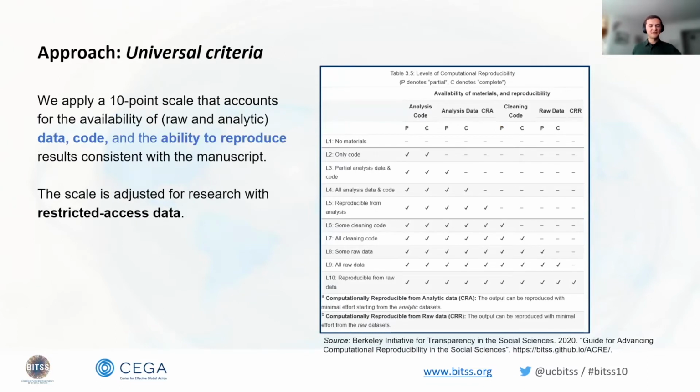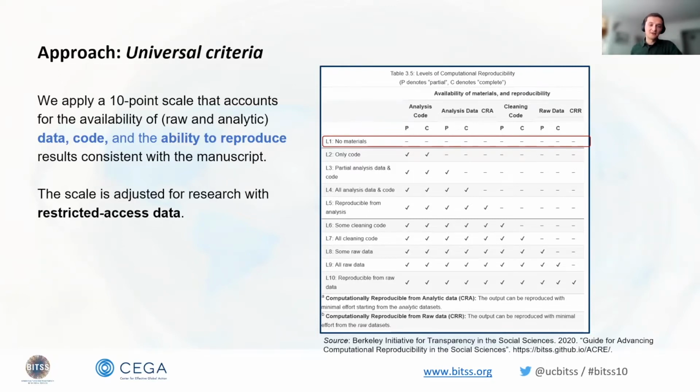Speaking of levels, we apply a 10-point scale, which accounts for the availability of data and code and the ability to reproduce the results. This might be a little small, but if you visit the ACRE guide, you can see a bigger version.